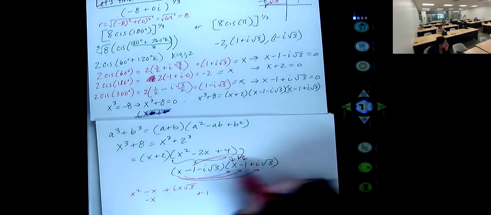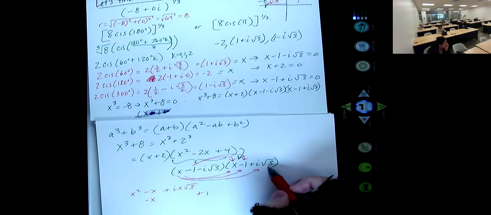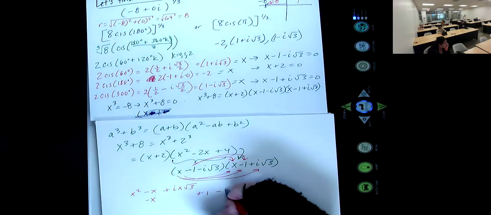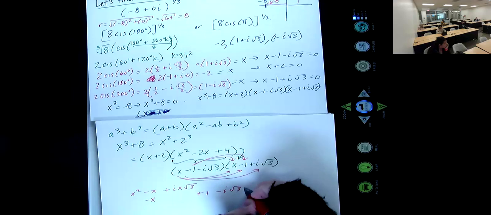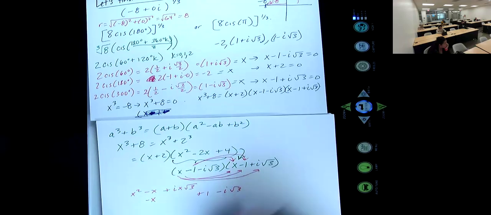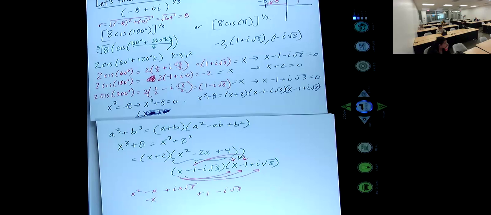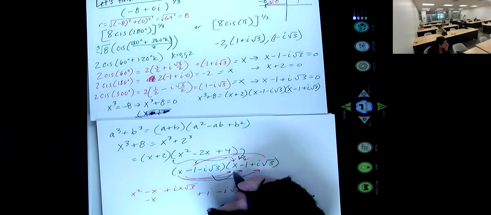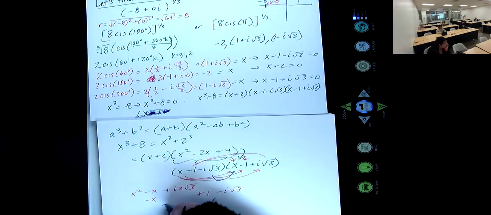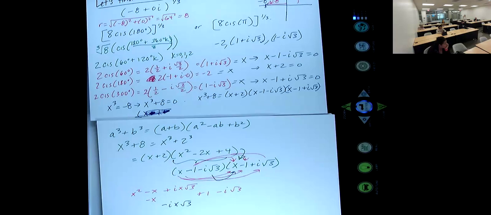And negative 1 times i root 3 is negative i root 3. And finally, we'll do the negative i root 3. Negative i root 3 times x is negative i x root 3. I'll put it underneath the other ones like that.